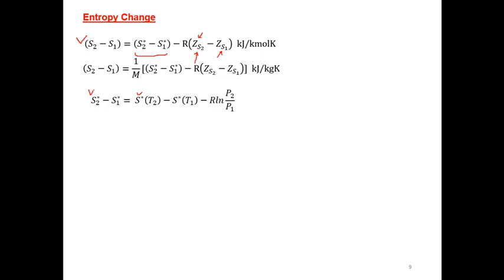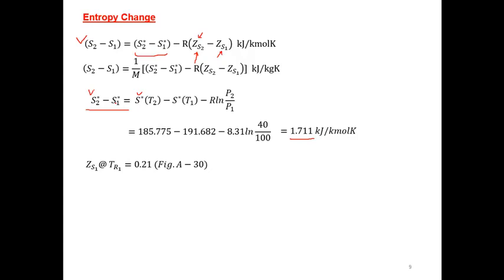We can read the value of the entropy at temperature T2 and at temperature T1 from the property table, R is the constant for nitrogen, and P2 and P1 are given. If we put in all the values and simplify, the value comes out to be 1.711 kilojoule per kilomole per Kelvin, right? So that's the change in entropy when we consider the ideal gas behavior.